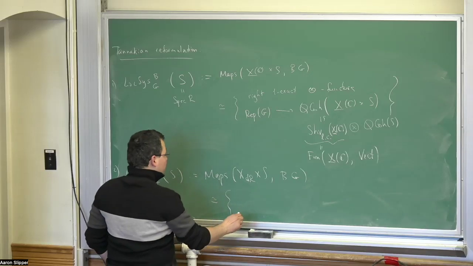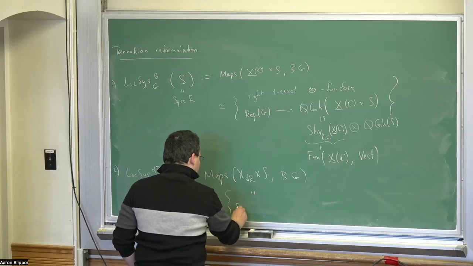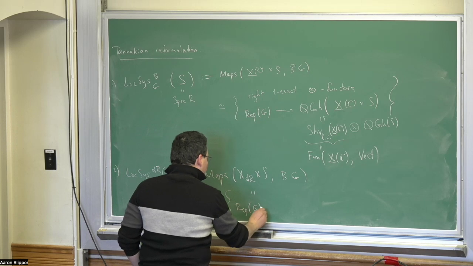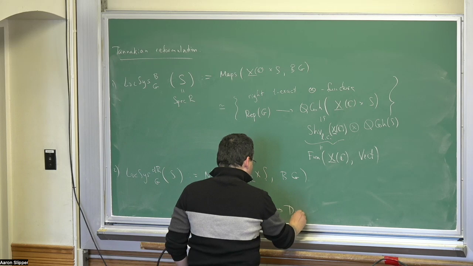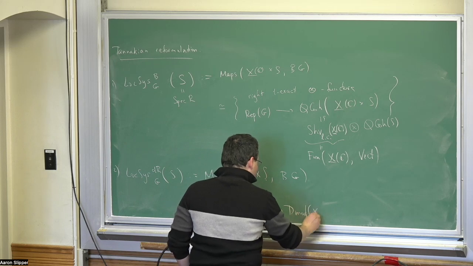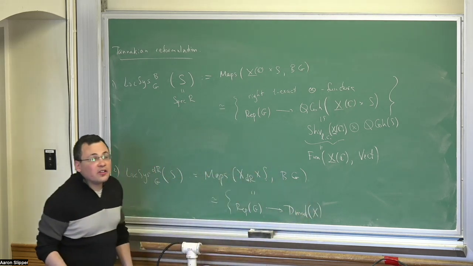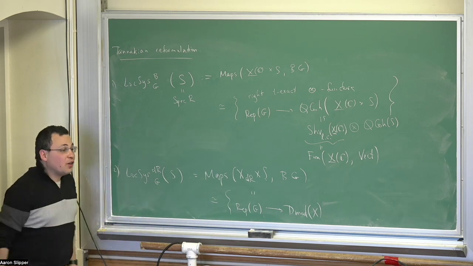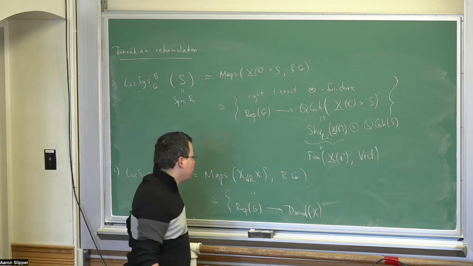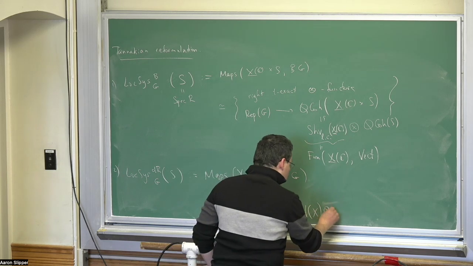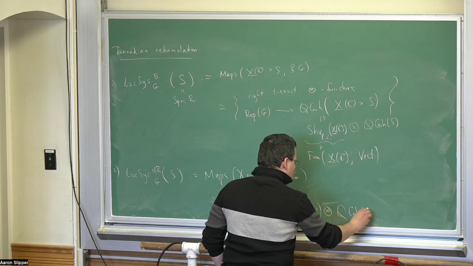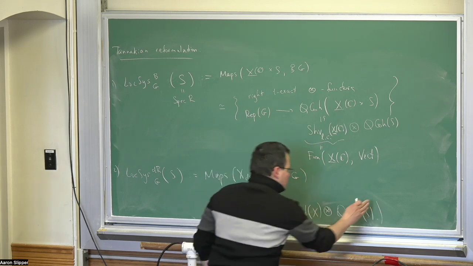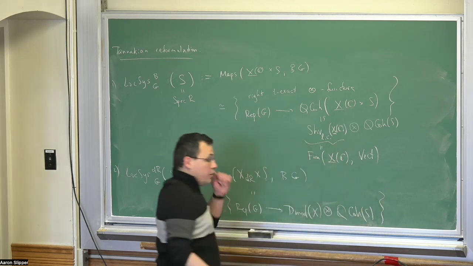This is the same kind of functors from the representation of G into D-modules on X. So quasi-coherent sheaves on the de Rham stack, as we know, are D-modules, and this is the derived category of D-modules.